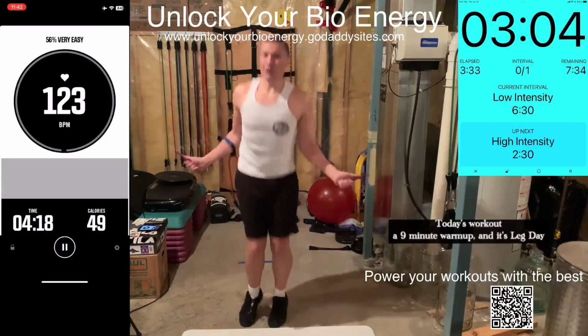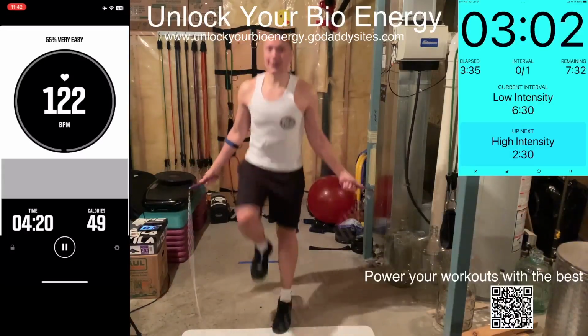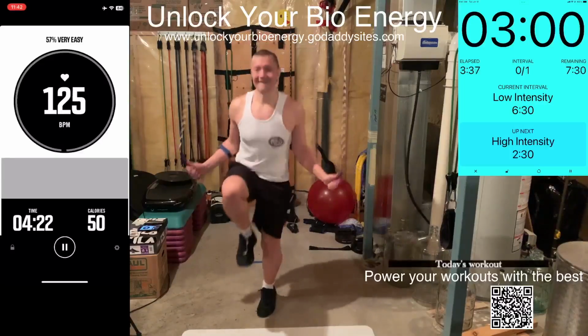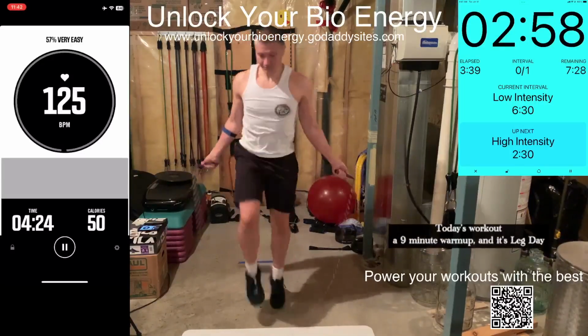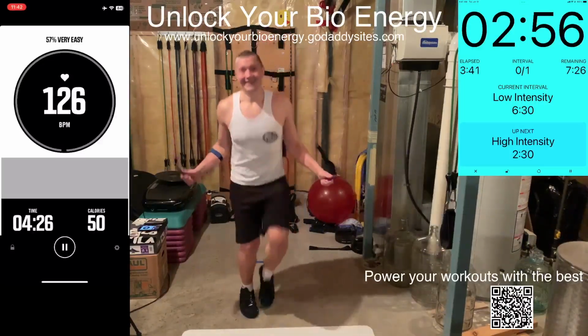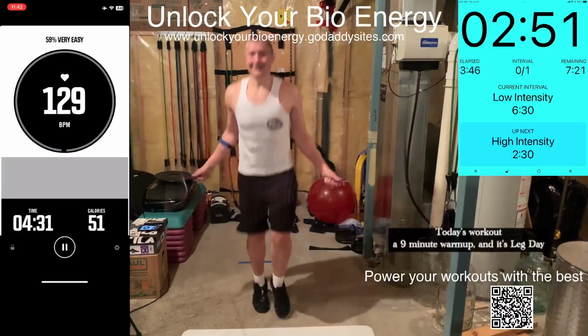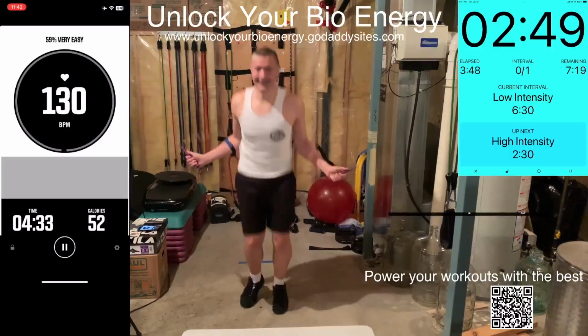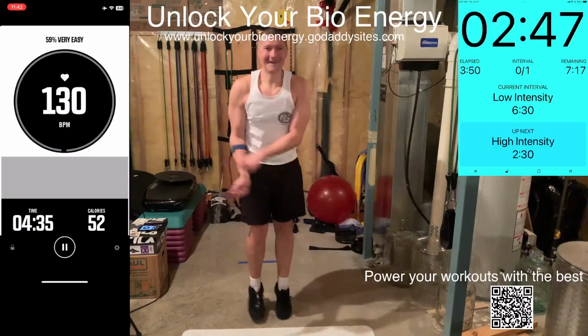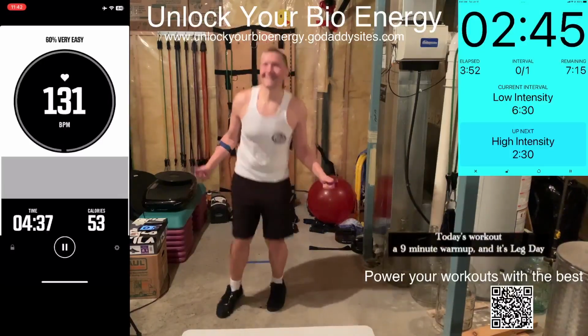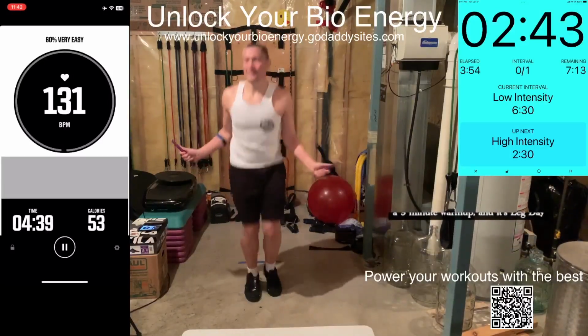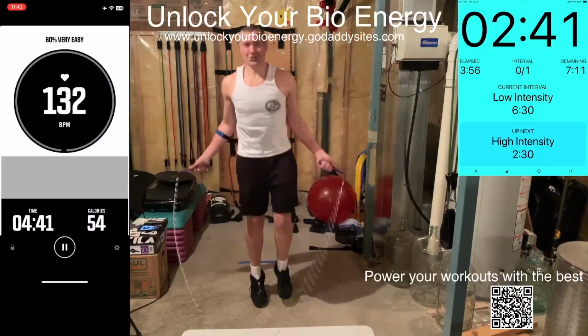I can feel the quads stretch when I bring the knees up high. And when I put the legs down, I can feel the glutes getting some blood flow, which is good, reactivating the electricity inside the muscle.